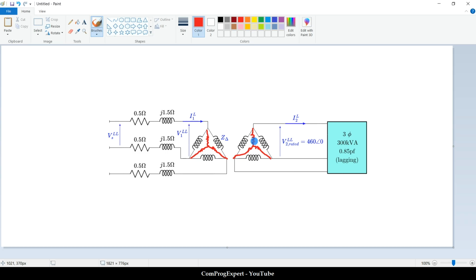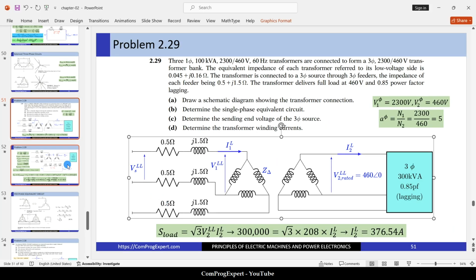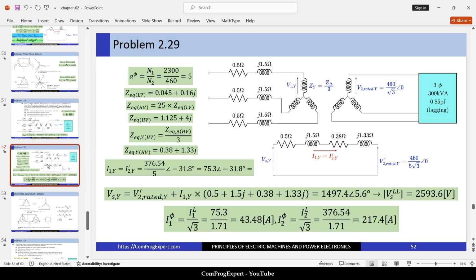We can transfer it to the primary side for the phase current here. The value is equal to this one, I1. We need to use the transformer turns ratio. Okay, that is equal to this one, the load current divided by 5.